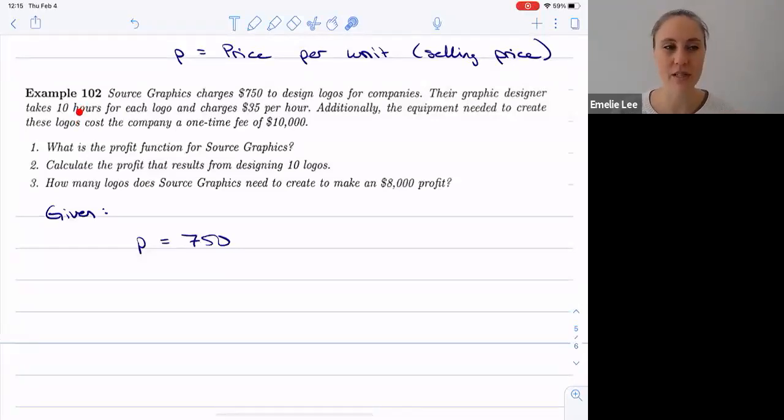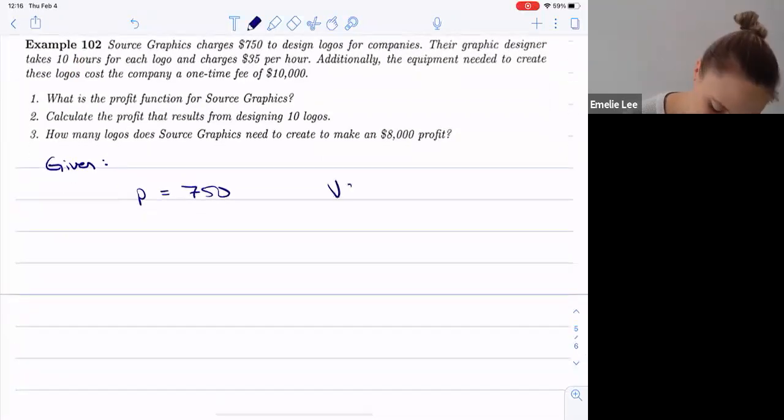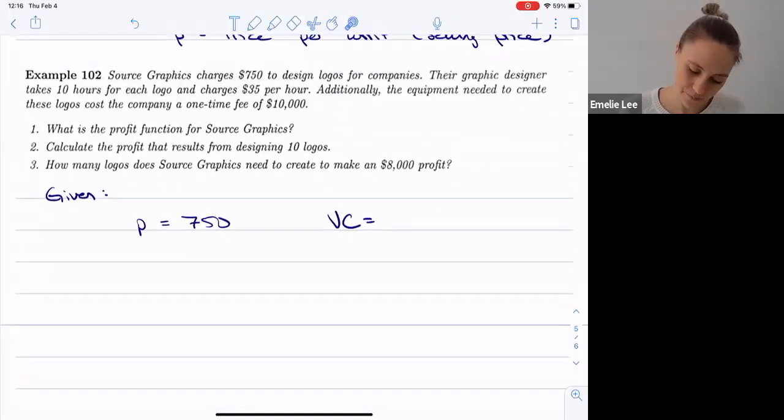Their graphic designer takes 10 hours per logo, right? So as soon as you say per logo, that's going to be your variable cost, right? And they charge $35 per hour. So your variable cost is going to be, it looks like we only have one variable cost and one fixed cost, right?